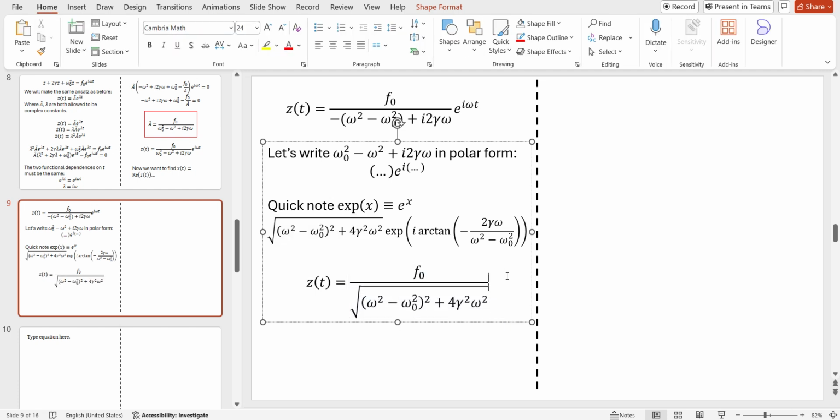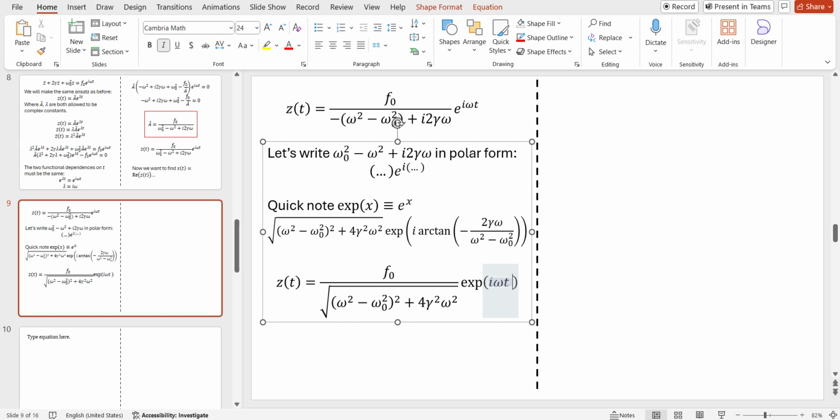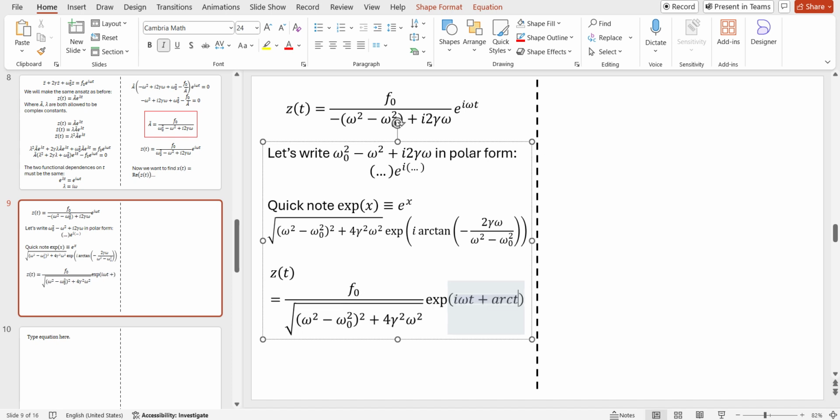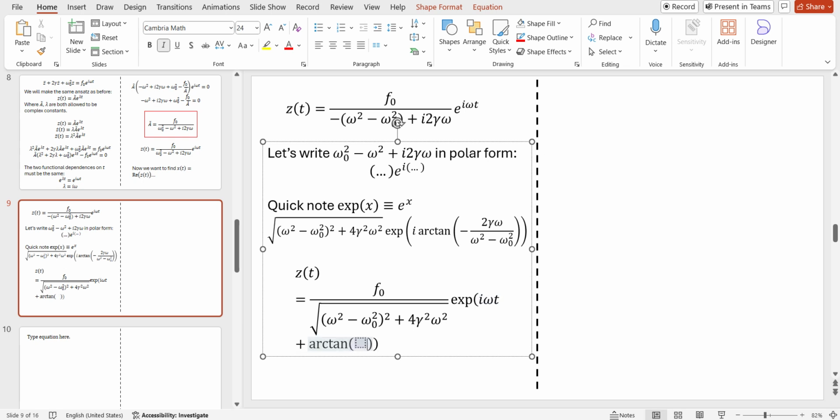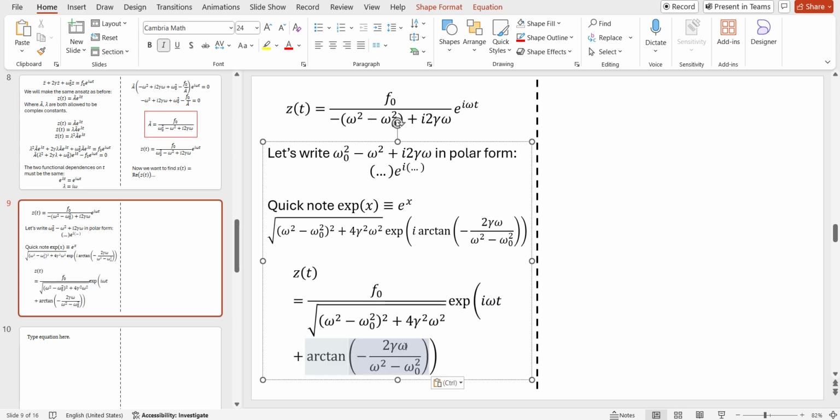And then we're going to have exp of, so we had this i omega t from before, and we also have this arctangent of all this shebang.